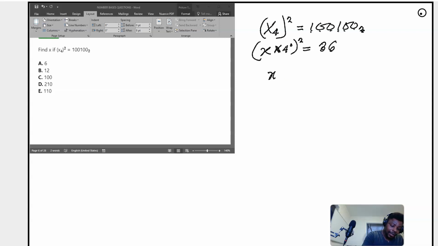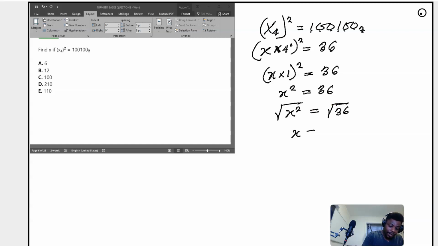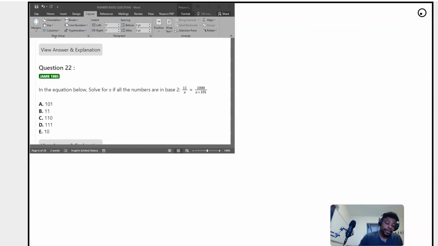So this is x times 1 squared is equal to 36, and this is x squared is equal to 36. So you can take the square root of both sides to remove the square on x. So x is equal to 6. So option A is our correct answer. Now let's go to the next question.